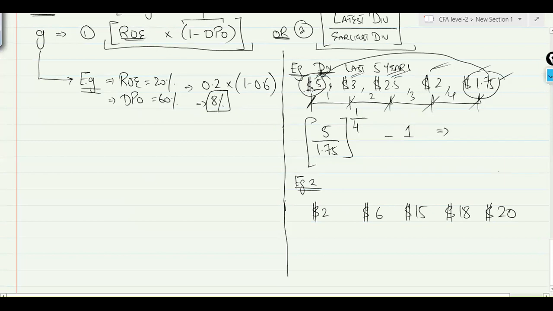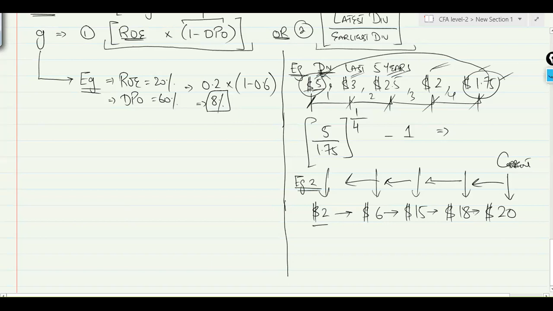The current year is this one, and the rest are past years. So the current dividend paid was 20. If we start from the last year, it started off at 2, then shifted to 6, then 15, then 18, then 20. Now how do we compute?